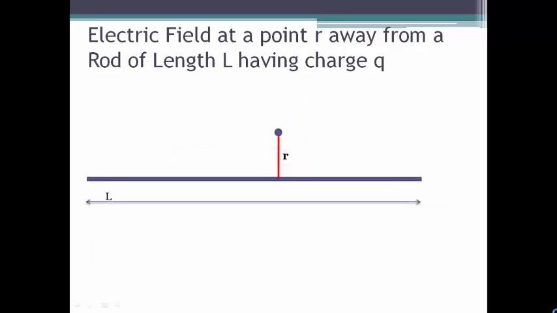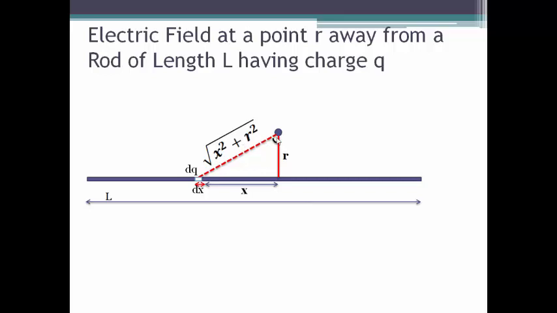For the first step, we select the tiny element having charge dq and length dx, situated at a distance x from the perpendicular distance r. Therefore, the distance between dq and the point of interest will be square root of x square plus r square.